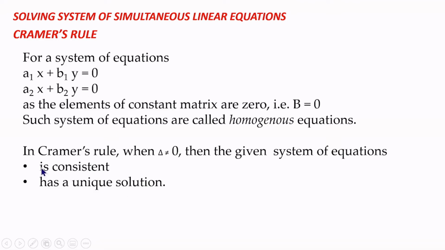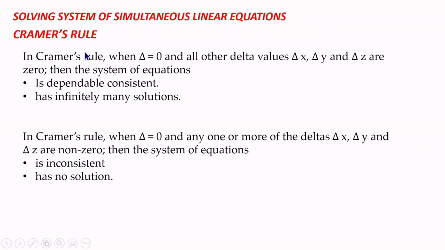Now we will move on to some properties of Cramer's rule. When delta is not equal to 0, the given system of equations is consistent and has a unique solution, that is, a single solution. When delta is equal to 0 and all other delta values are also 0, the system of equations is dependent, consistent and has infinitely many solutions.